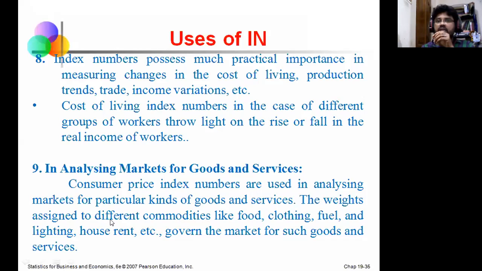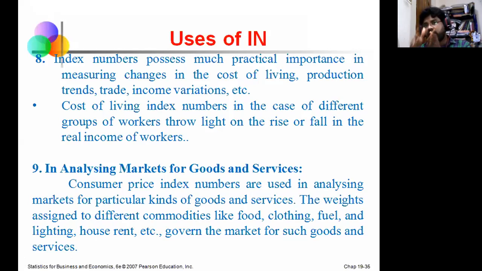And the weight assigned to the different commodities like food, cloth, fuel. As I told you in the beginning, A, B, C, D commodities, for example food, cloth, fuel, lighting or house rent. So if you take the number of commodities, how much you are spending on food per month, how much on cloth, and how much on fuel, for example petrol or diesel, how much on lighting, how much on house rent.